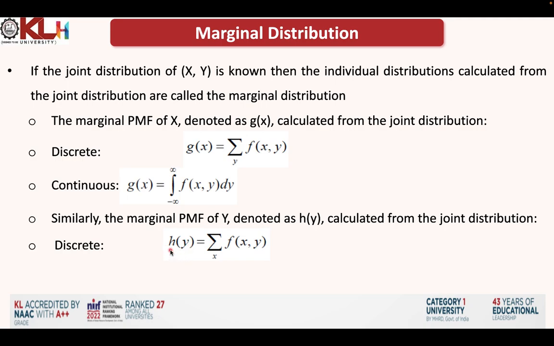We don't have to represent it as h, but here we have h. So h of y is equal to the sum of the joint PMF over all possible values of x, and for continuous cases, integration. So that's the marginal distribution calculated from the joint distribution.